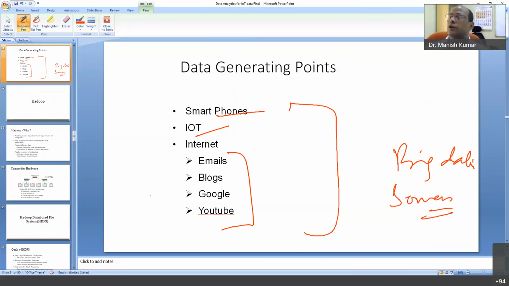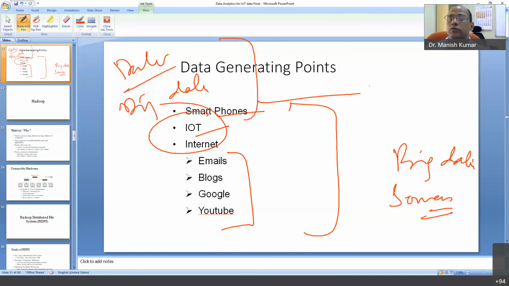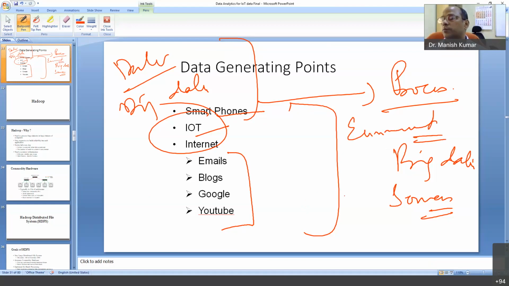Now you know that you have an IoT environment, you have data, you have big data. Now the question is how to process it. The first thing is that you have to have some sort of environment which can process the data in a distributed manner and in parallel.